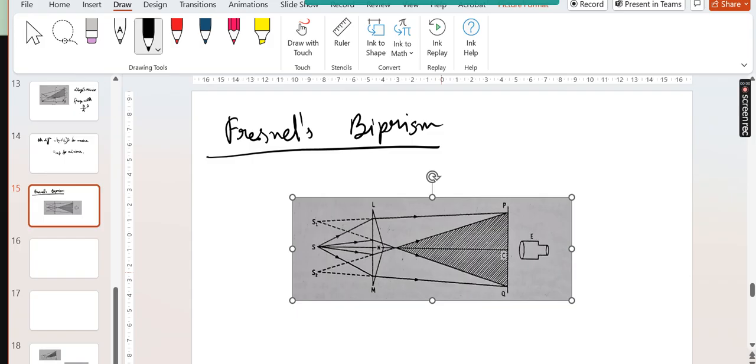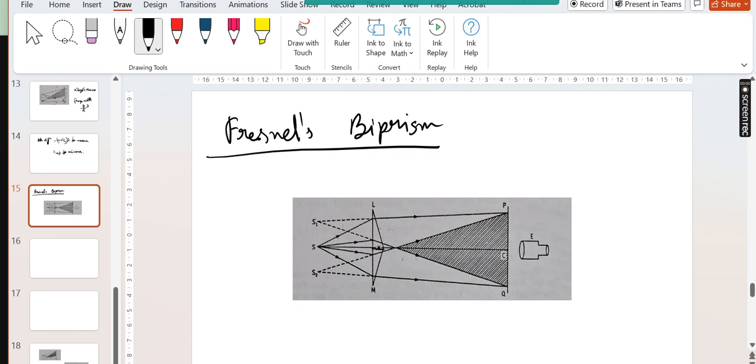So in Fresnel's biprism, here it is basically two prisms. They are joined at the base. It is two thin prisms joined at the base.